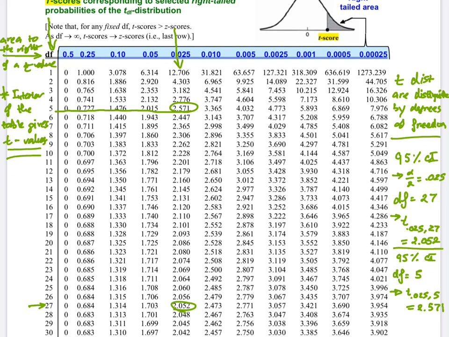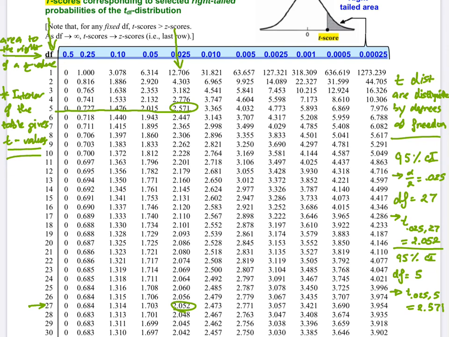See how using the same confidence level, if you have different degrees of freedom, you get different values for your t. I hope this helps.